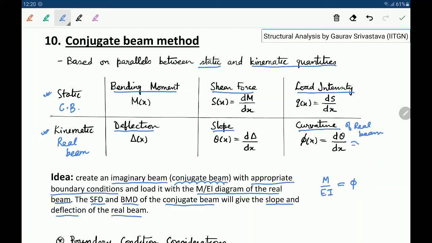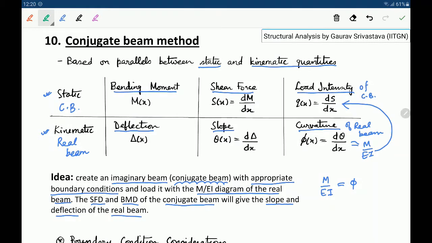This curvature is the M by EI, and this curvature is being applied as a load intensity to the conjugate beam. And these relations between different quantities are absolutely the same.